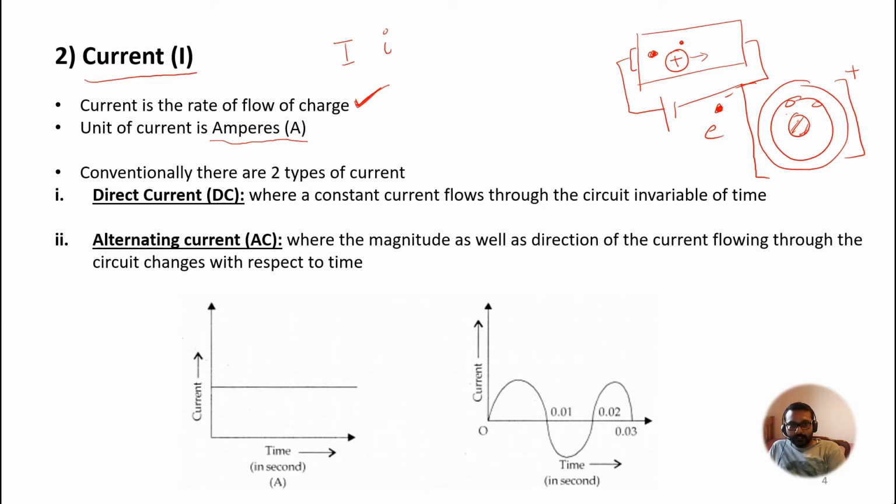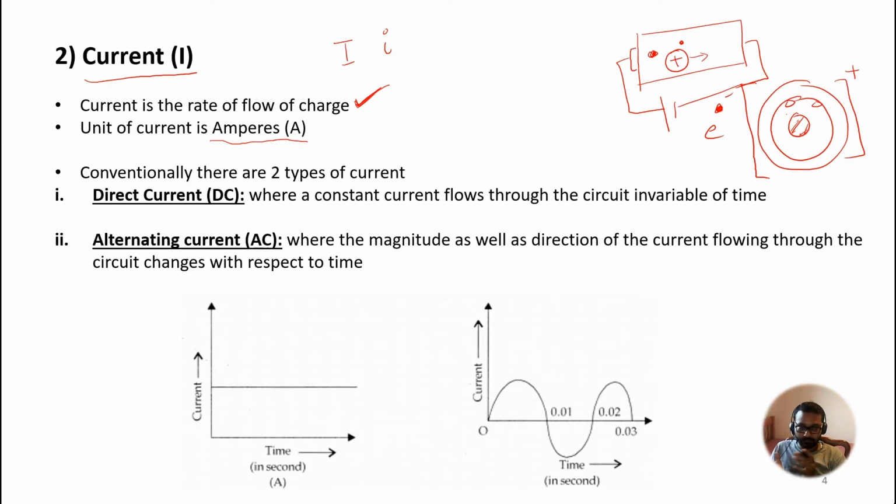Now, although it is not mentioned anywhere in this particular module, it is always convenient to understand the two types of current, because outcome 1 is DC circuits, and then in outcome 4 I think we'll study AC circuits.